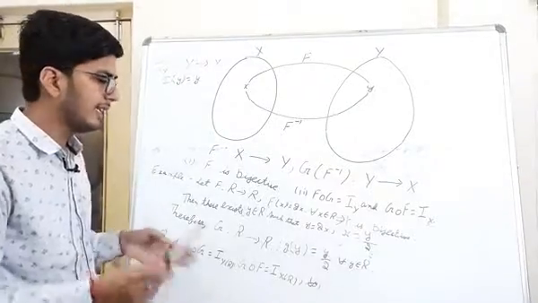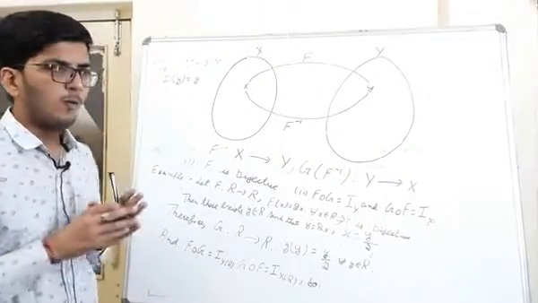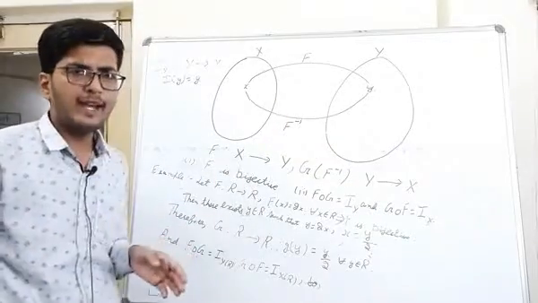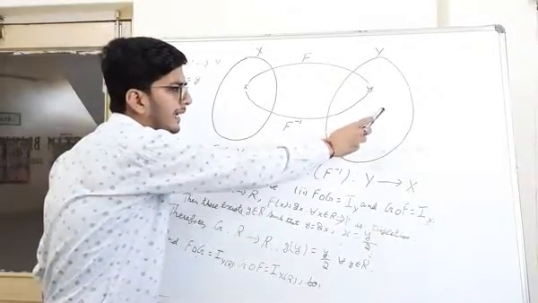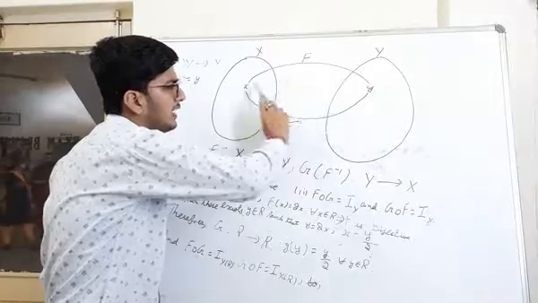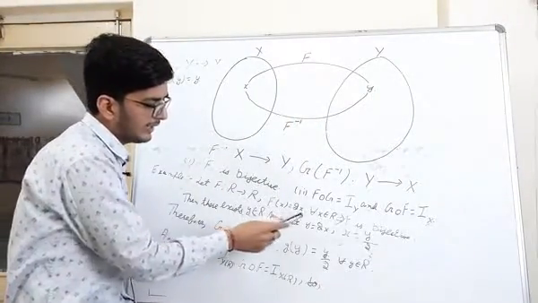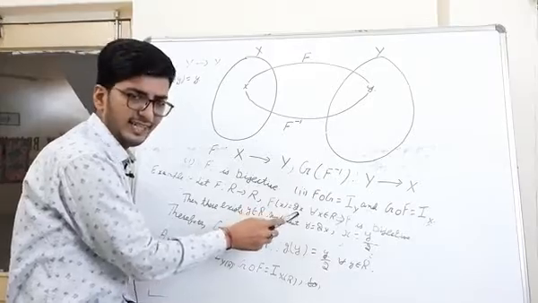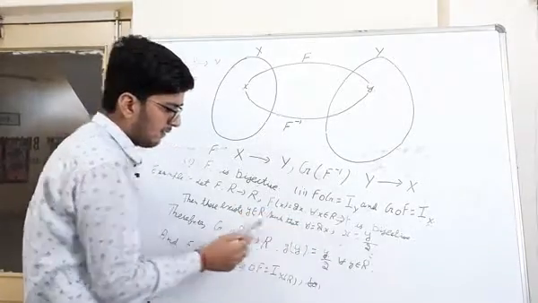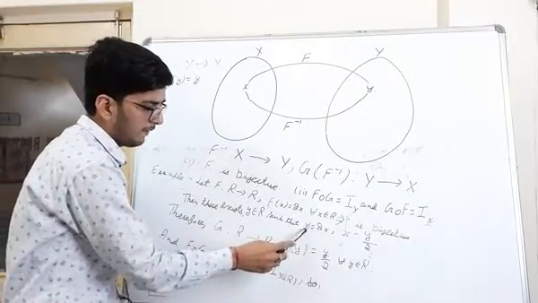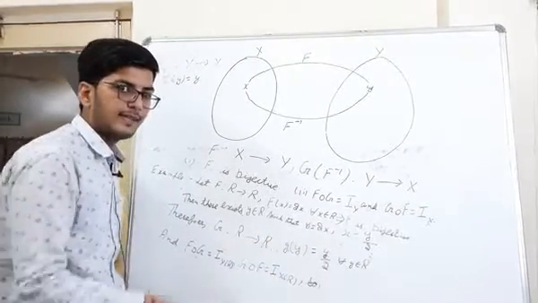So what is the technique to find such a function? We have to take the elements of Y to elements of X, so we have to find the relationship between these two elements. I will take this element of Y as the image of some x, so y equals 2x.